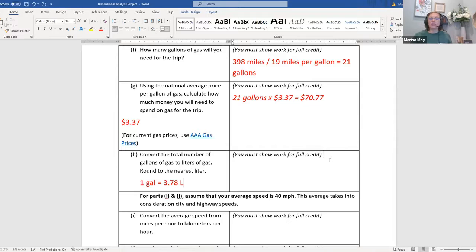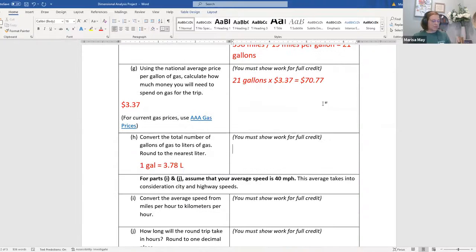That was our conversion we used on Monday. Remember with our dragging and our dropping, our dimensional analysis. So here's what I'm going to do on H. I'm going to take my 21 gallons that I need for this trip. Remember, that was the answer I got in part F. I'm going to multiply by the 3.78 liters per 1 gallon.